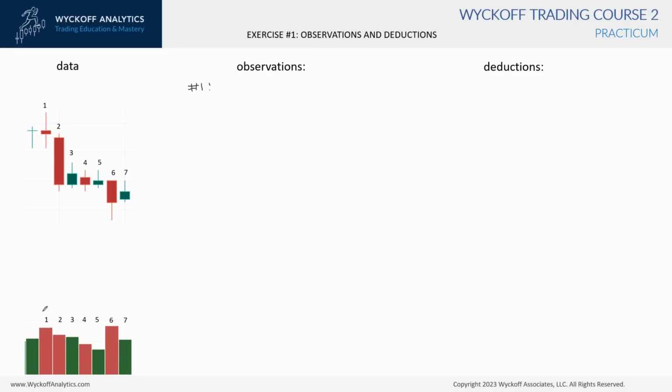Higher supply. Definitely a good observation. So supply has increased on bar number one. And then an increase of supply, a decrease of demand. Okay, so we can see that supply definitely has the capacity to move the price down from the open and then from the high.